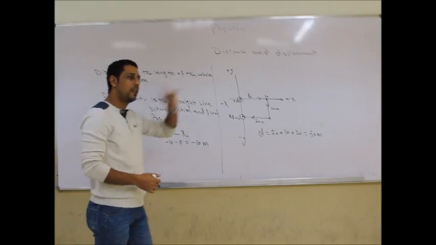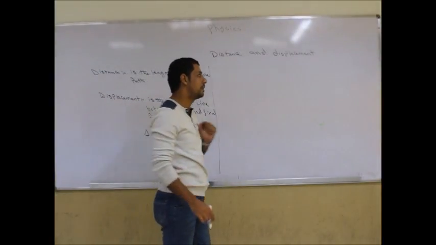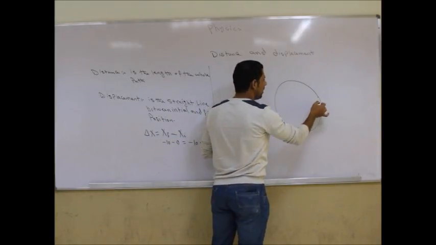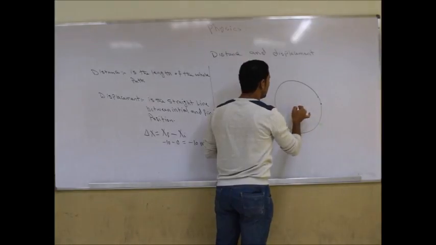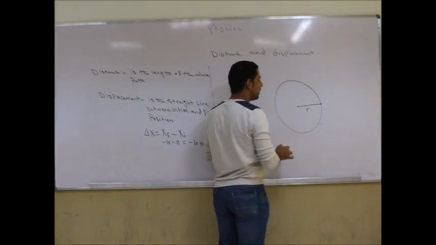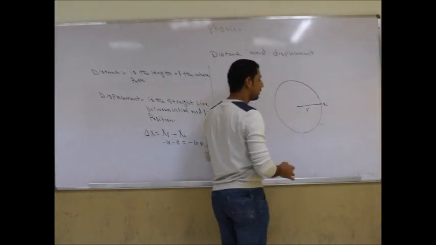If an object is moving in a circular path, like this object, it started from this point, and this is the center of the circular path, its radius is r, and it started from this point, which is xi.